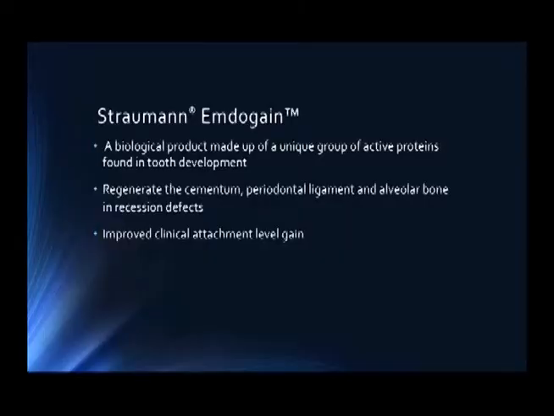And I just wanted to talk to you a bit about a new product that Straumann has come up with, Endogain, and it is different from the traditional bone grafting materials. This is actually a product that stimulates the development of cementum, periodontal ligament, and alveolar bone in some recession areas, and can be used in certain zones.